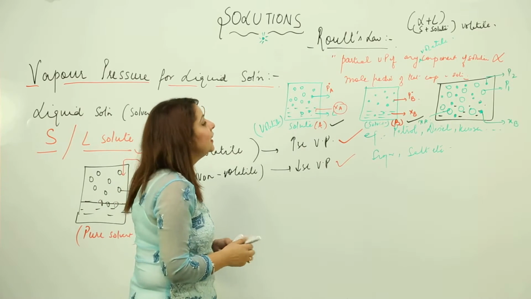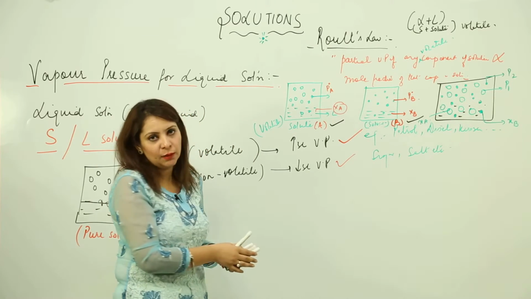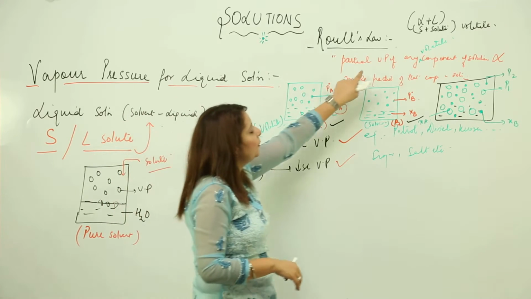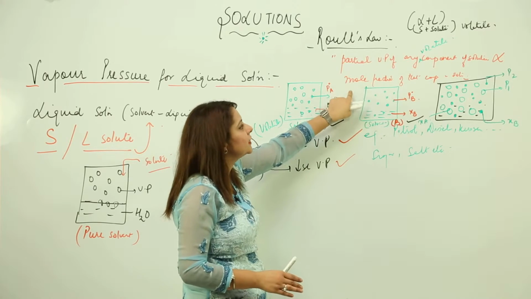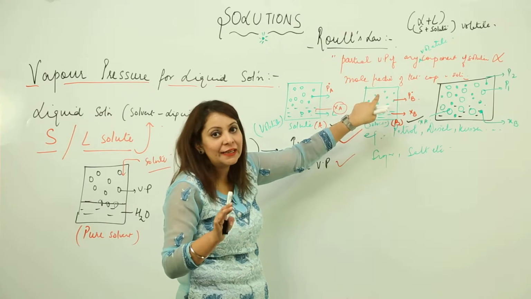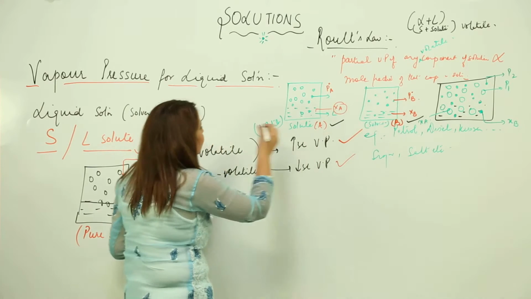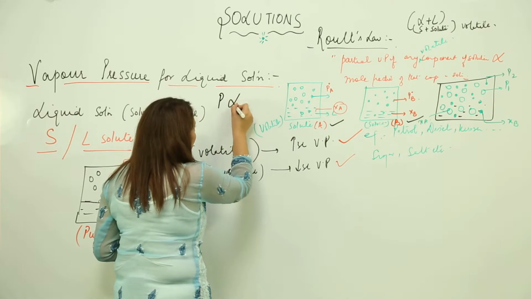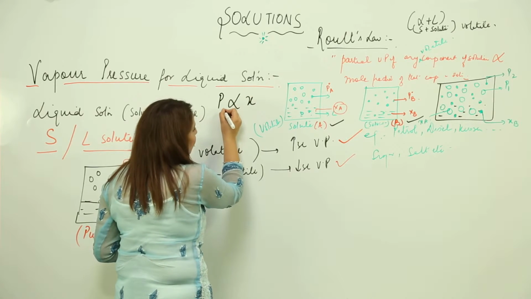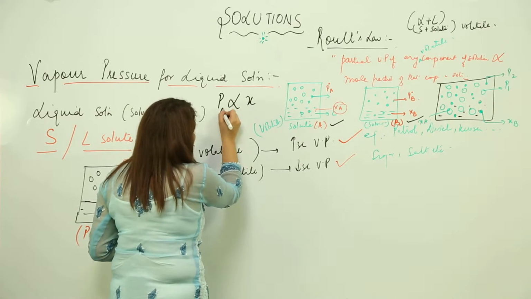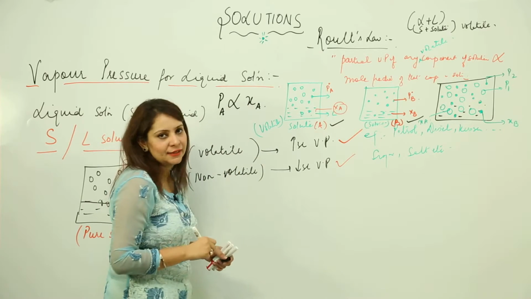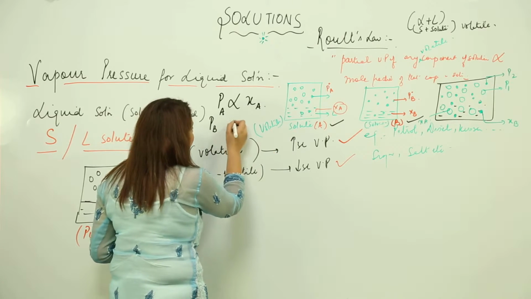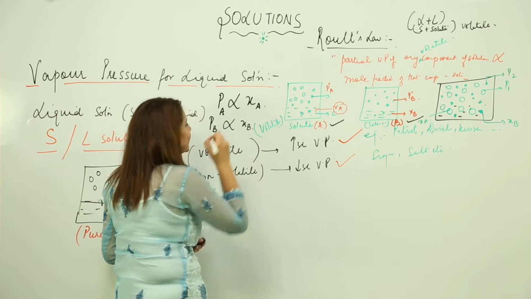It states that the partial vapor pressure of any volatile component, whether we consider solute or solvent, is directly proportional to the mole fraction of that component. Suppose I need to find the pressure due to the solute, it is directly proportional to XA. Likewise, the vapor pressure PB in a solution is directly proportional to the mole fraction XB.